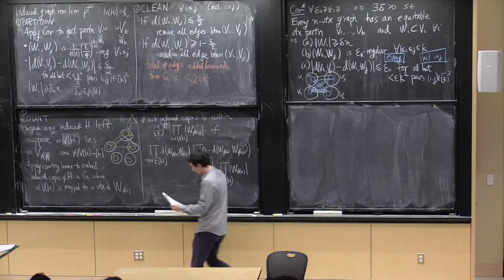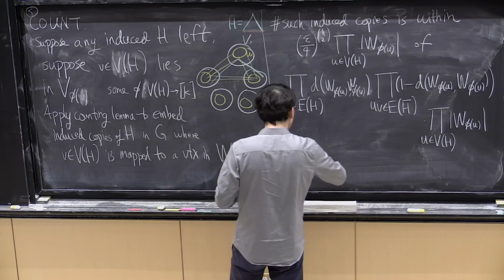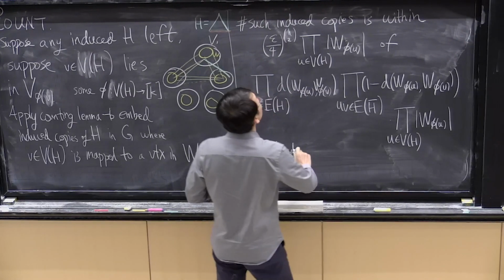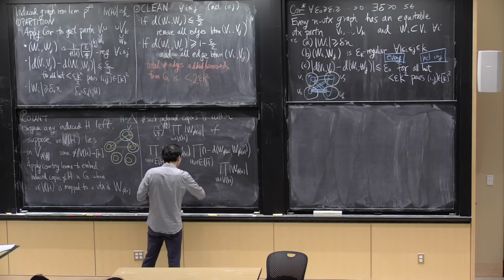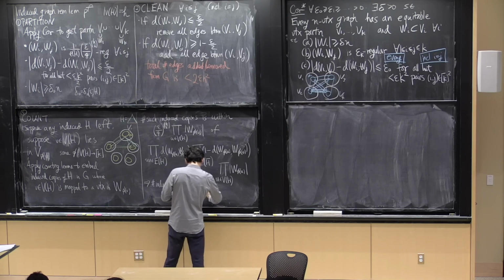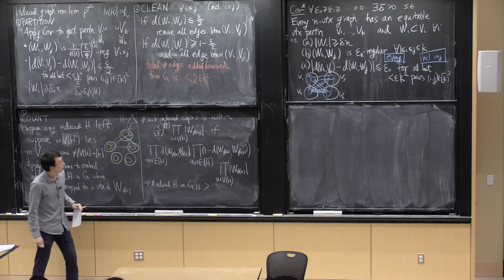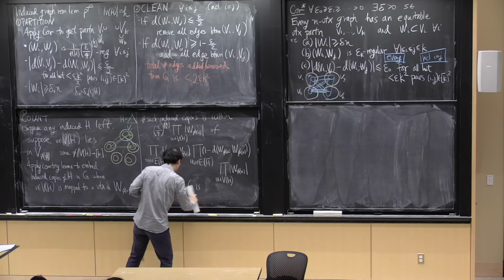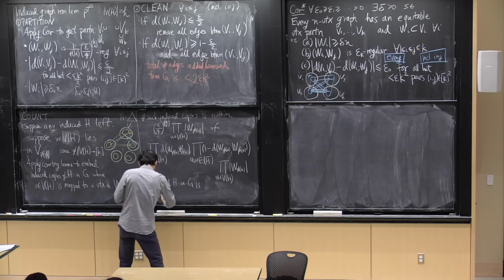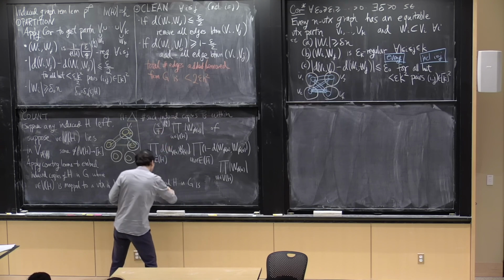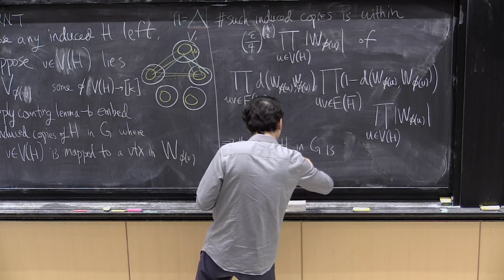Okay, and the point is that this is not a small number. Hence the number of induced copies of H in G is at least some number, which is basically this term over here. So epsilon over 4 raised to some power; all of these are constants.